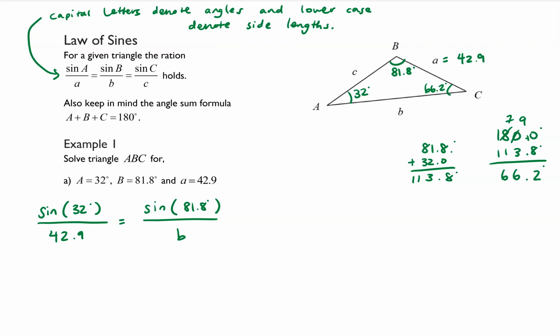And now if I cross multiply, I will get that b times sine of 32 degrees is equal to 42.9 times sine of 81.8 degrees. And now I can divide both sides by sine of 32 degrees.